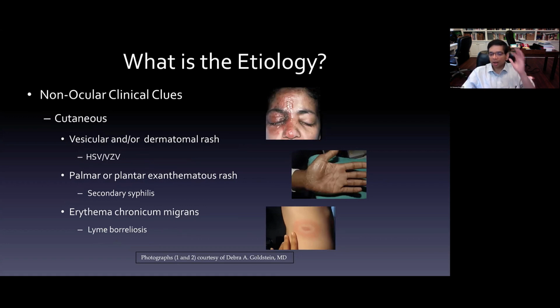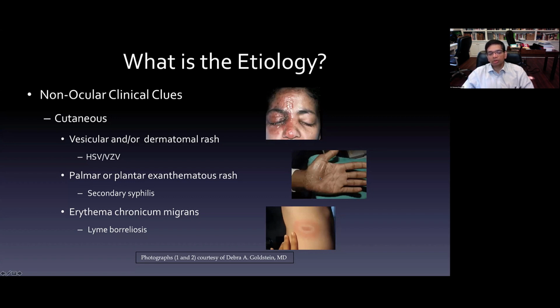Then look at the non-ocular clues that can be very, very helpful. If you have a vesicular dermatomal rash involving the cranial nerve 5, division 1 distribution with nasociliary branch involvement with Hutchinson's sign, as you see in the top picture here, this patient has zoster-related inflammation. Incidentally, also turned out to be HIV positive, but this patient had very severe ocular disease.